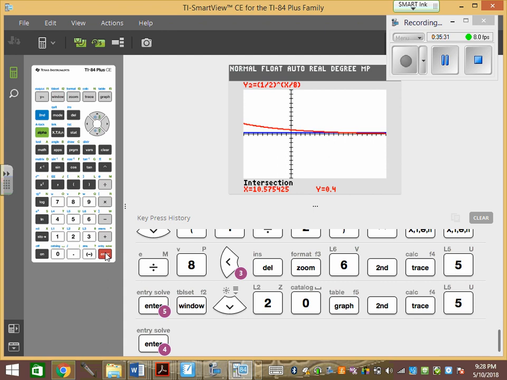And it's 10.57. No matter what it is, 10 point whatever, we're going to round up to 11 days because it won't be at least 40% of the original if we don't round up. So it's going to be, to the nearest day, 11 days.